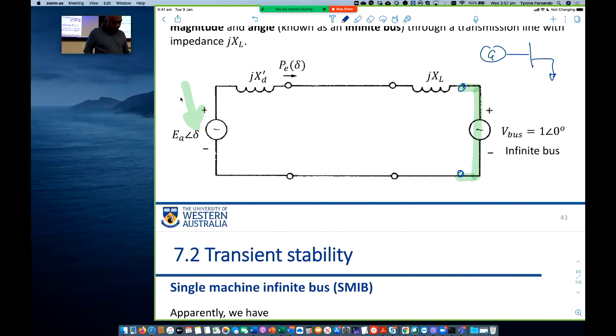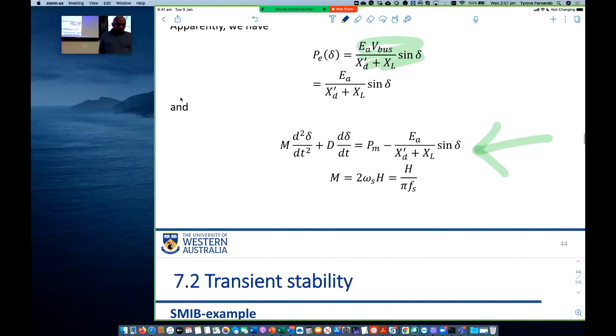If it becomes a short circuit, this voltage here will go from 1.0 to 0 volts. That can happen.